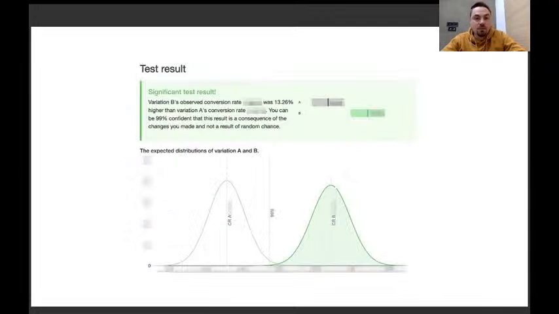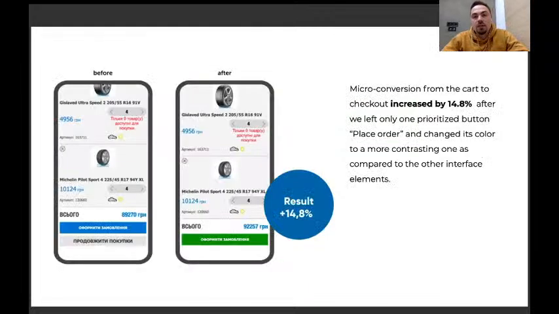It's the expected distribution of the variation, and it's okay. It's a significant test result. And the third idea: we cut the bottom, continue the buying, but we have a cross on the right top side, and after that we have a result in micro conversion.